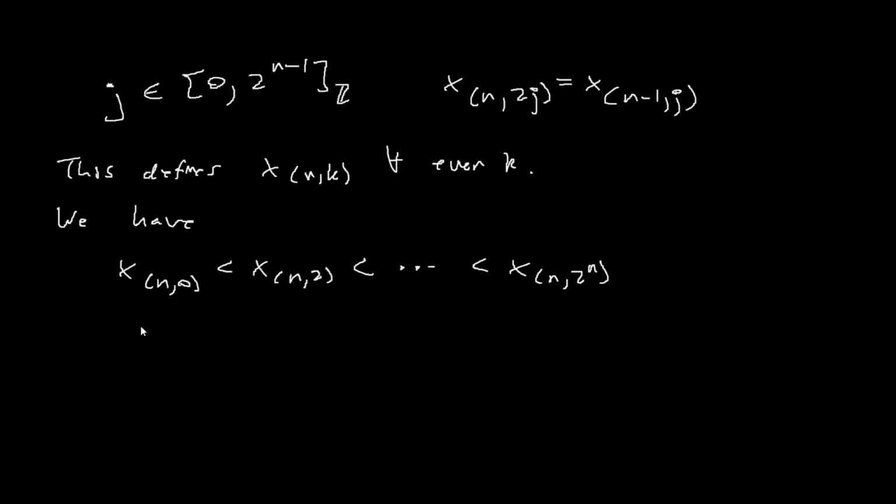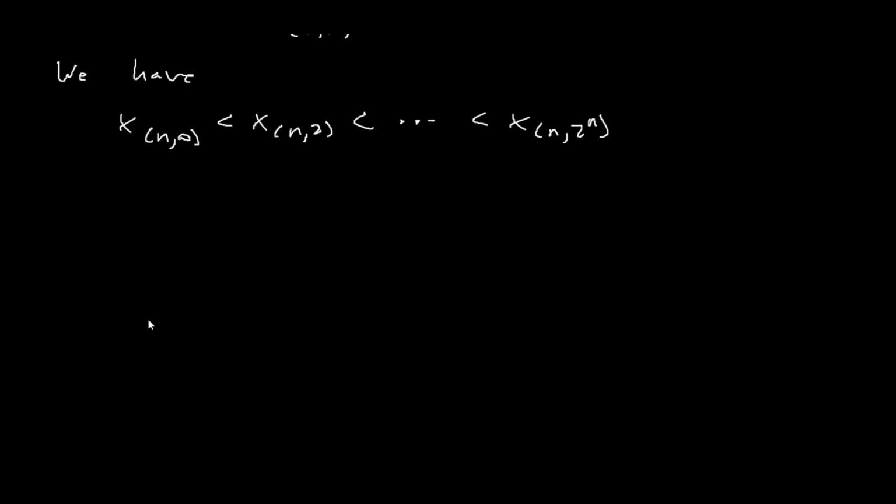Now we need to define this for odd second indices. Essentially what we're going to do is note that the first element and the second element here, one is less than the second one, so we can form this open interval from x_{n,0} up to x_{n,2}.